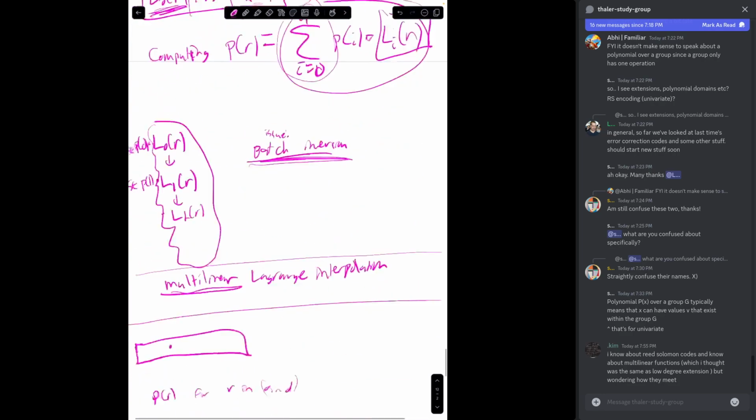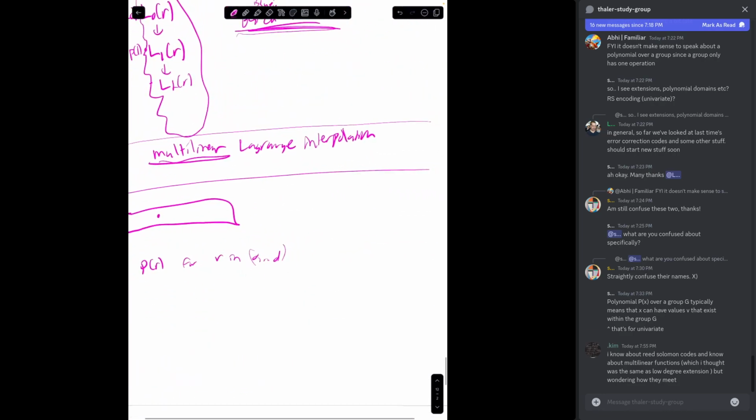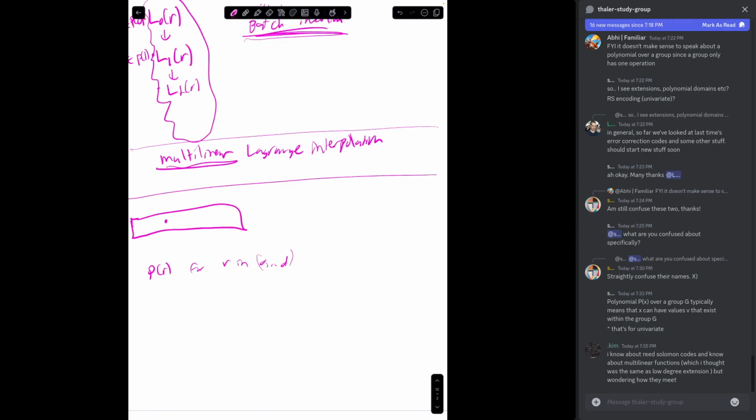But this is actually the easy case where you don't have to do anything at all, because by definition the input gives you P of r. So just return P of r. It's part of the input to the algorithm.